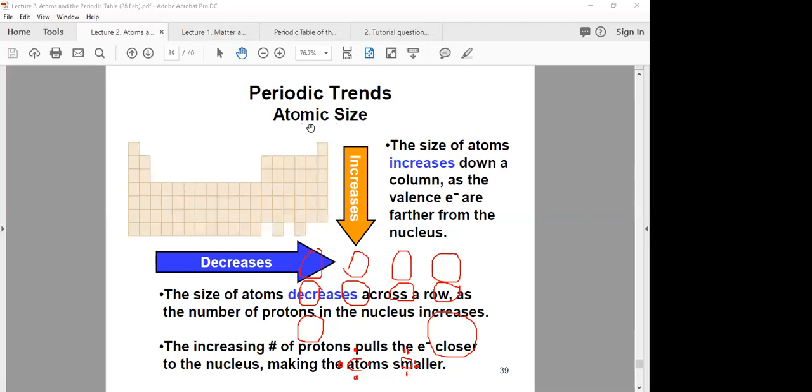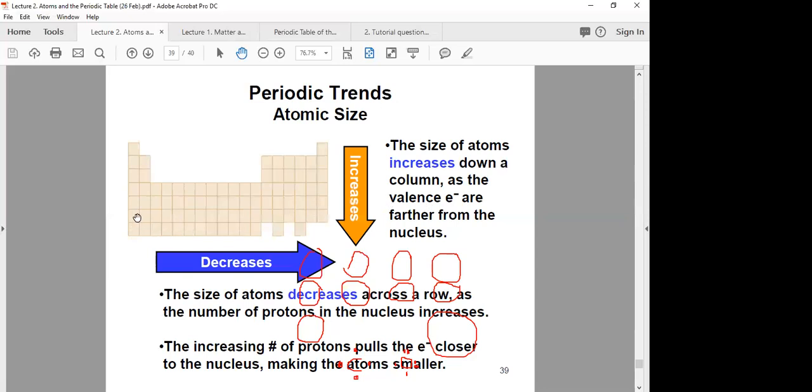So atomic size, the size of the atoms increases down a column as we move down a particular column. So if we were to look at a particular column, as we move down, the atoms of these elements will get larger and larger. And that's because the valence electrons tend to be further away from the nucleus.